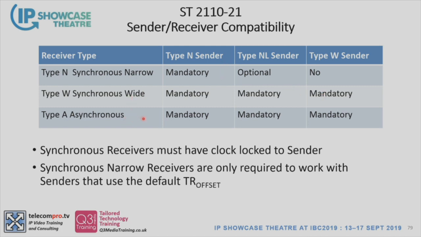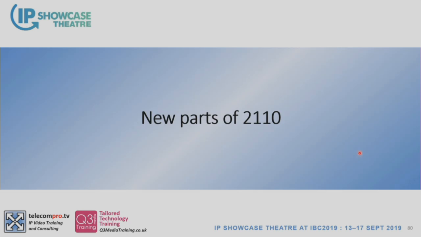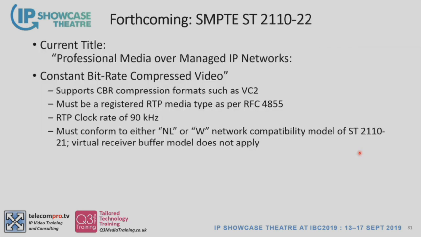Type A, the asynchronous one, has to handle all those different sender types without having the benefit of having an absolutely synchronous reference clock associated with it. So you might think of this as being like a receiver that includes a frame store in a current SDI type of environment.